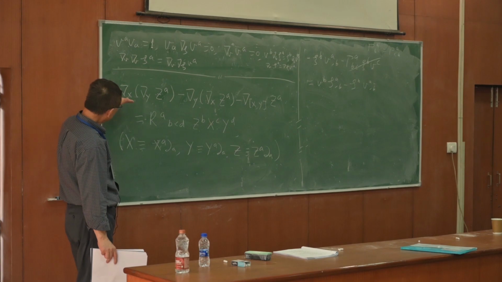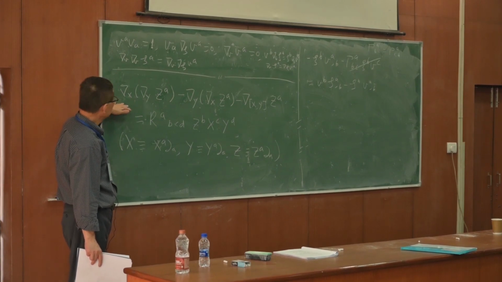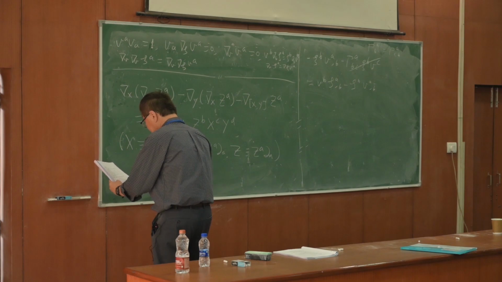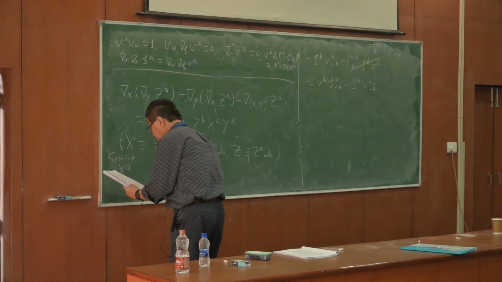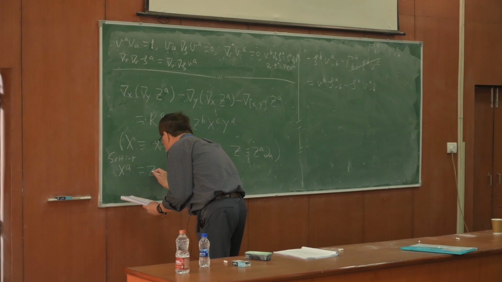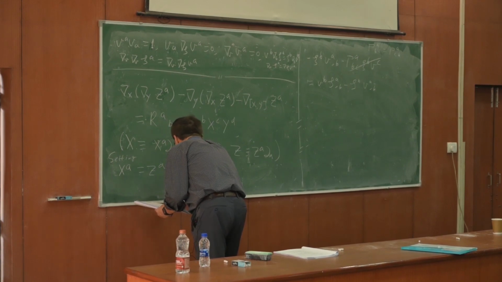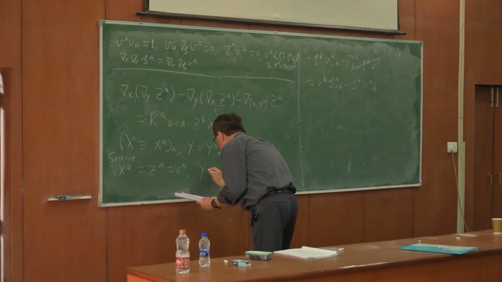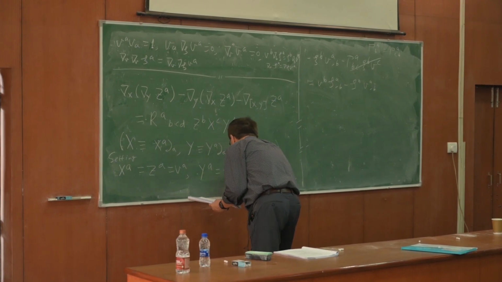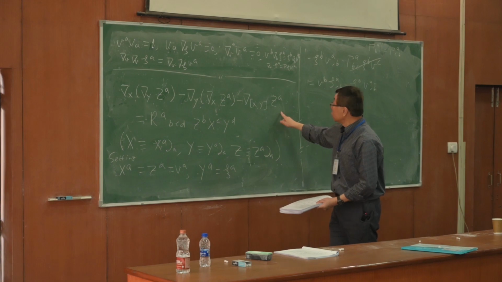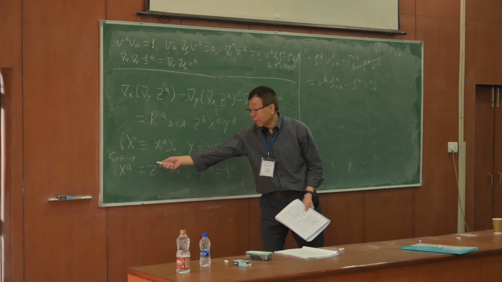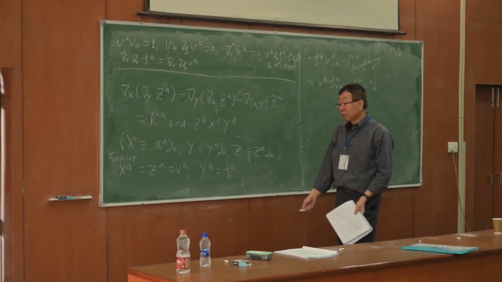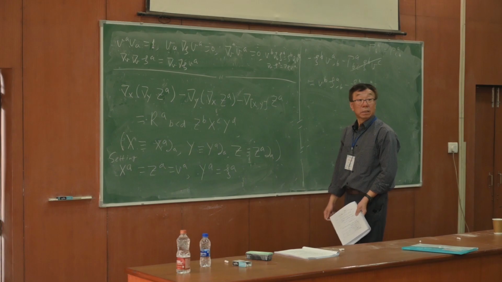This is for any x or y. I'm going to put in, if I consider x, a, setting x, a equals z, a equals v, y, a equals. Because this is true for any vectors x, y, z, I simply put x equals z and y equals z, right?